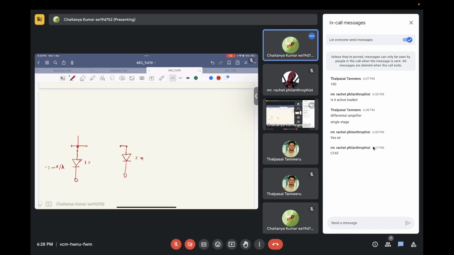We want a PTAT current source, and here we take the output.